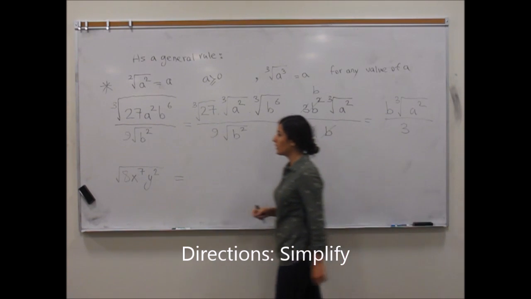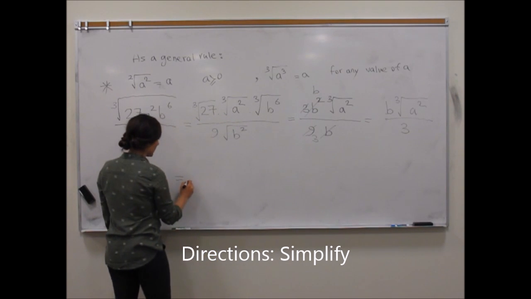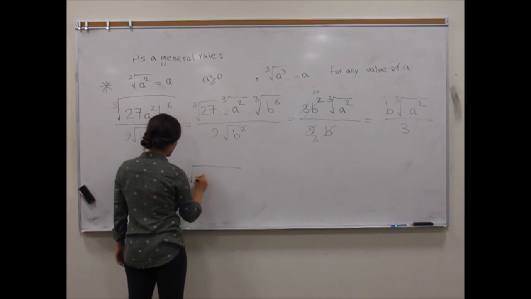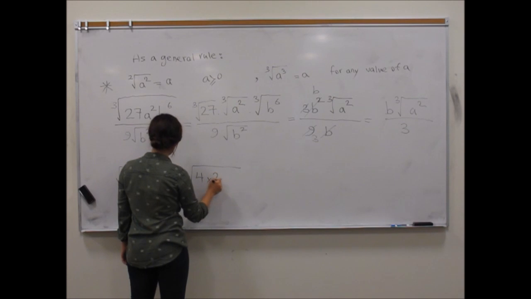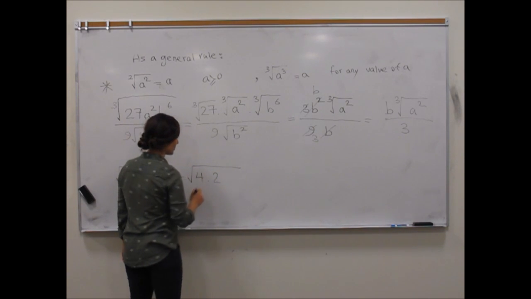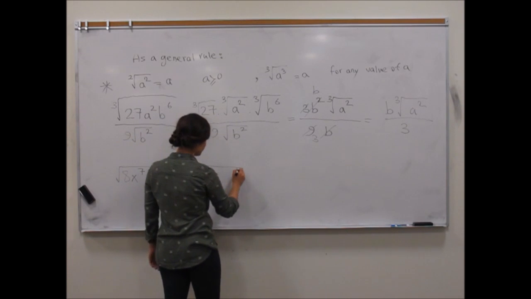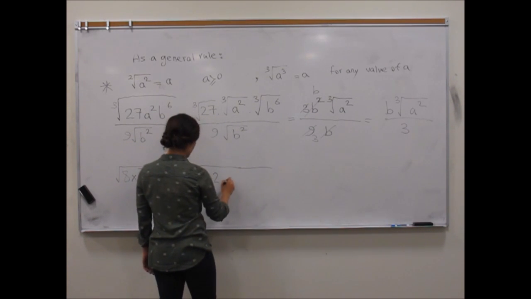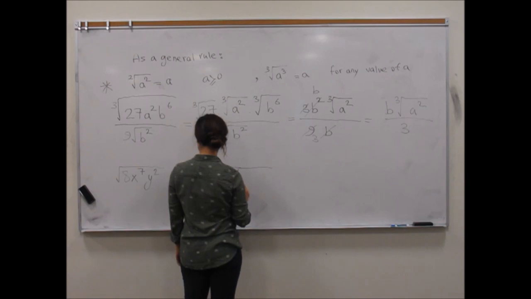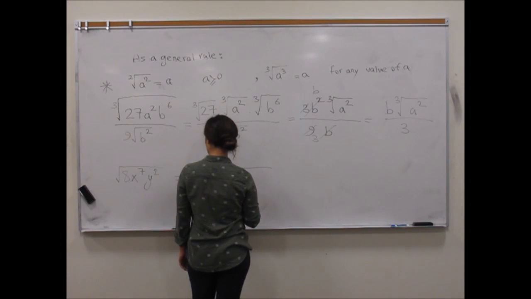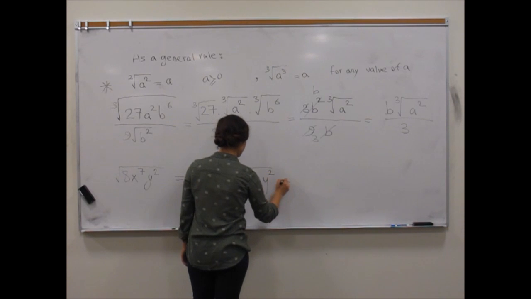Alright, for 8, I know that it's divisible by 4, and I get 2 if I divide by 4. So that would be 4 times 2. 4 is a perfect square. And then times x to the 6th times x times y squared.